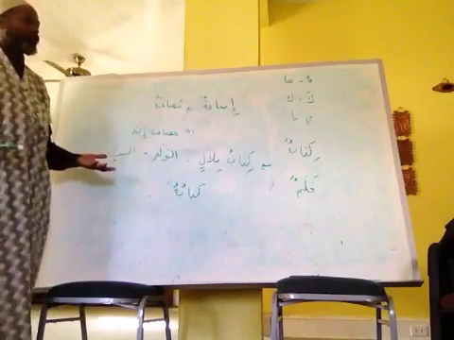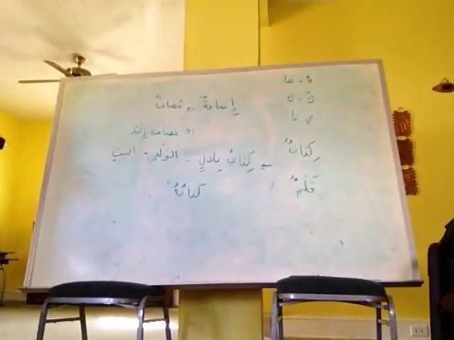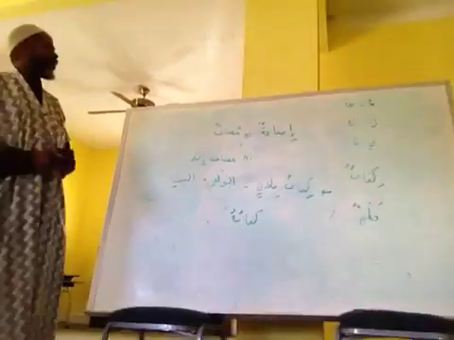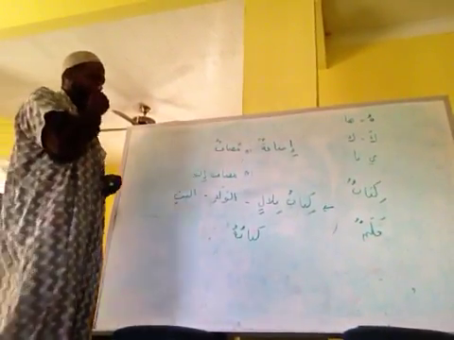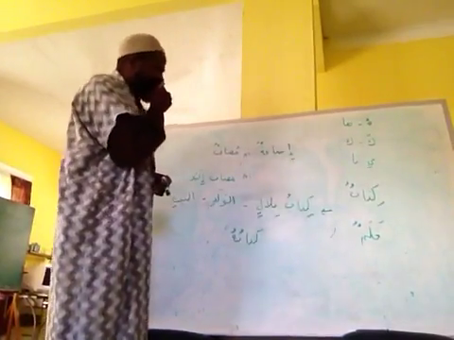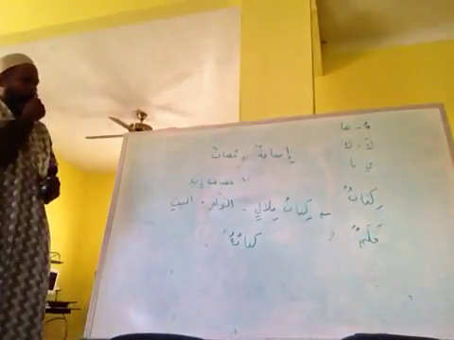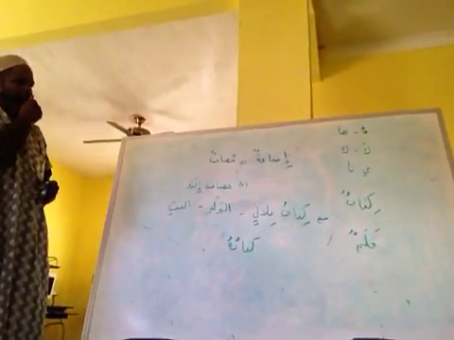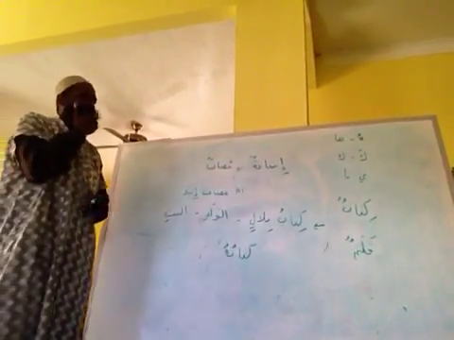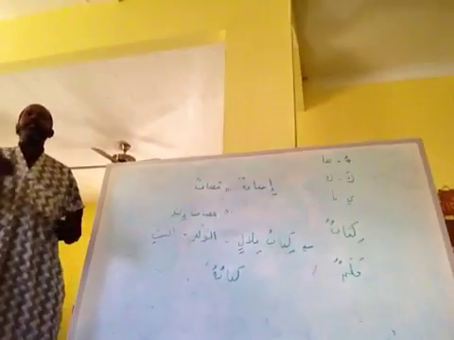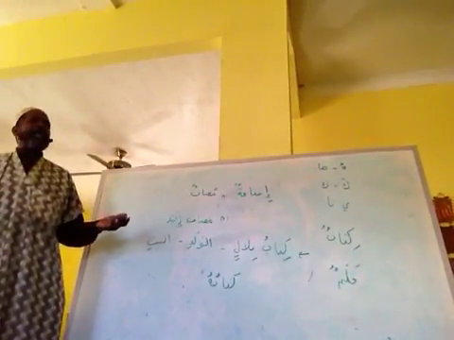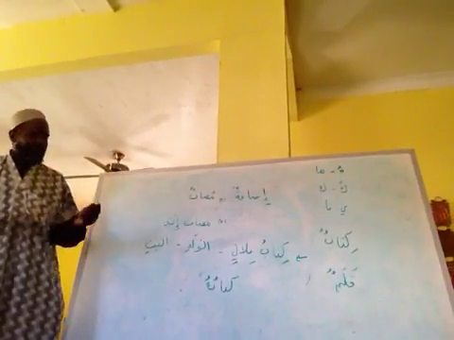Now if we attach it to a verb, let's say for an example we want to say, he ate an apple. How would we say that? What's the first form of the verb to eat? Akala.